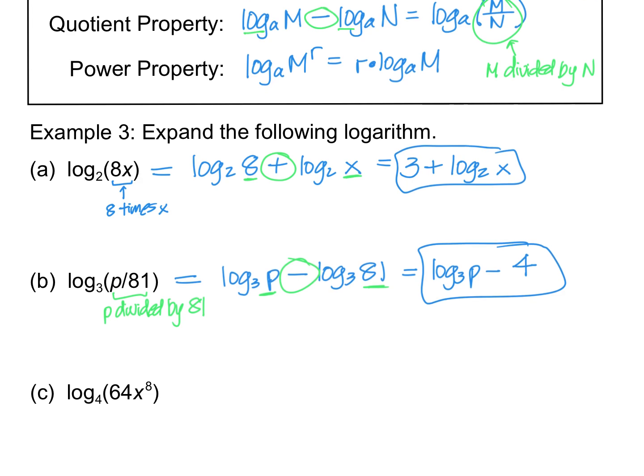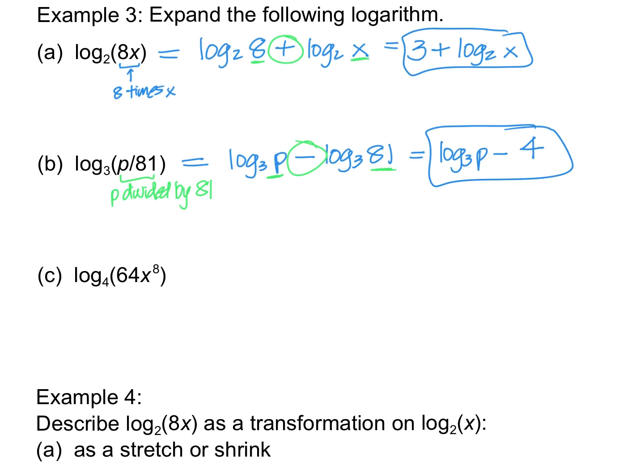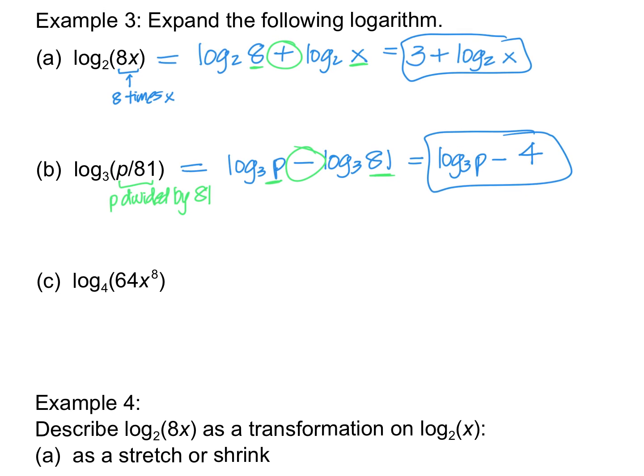Part C is going to incorporate the product property as well as the power property. So let's take a look. First of all, we have 64 times x to the 8th. So since it's times, it's going to correspond to a plus sign. And so what we have is log base 4 of 64 plus log base 4 of x to the 8th.